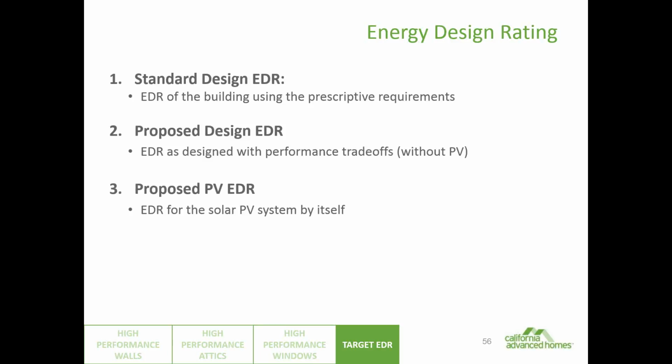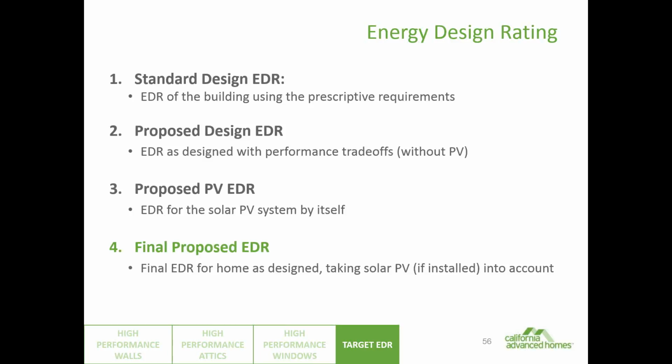So you'll get a PV EDR, and that's just an EDR for the PV system itself, and then you'll get a final proposed EDR. So this is the final EDR of the home as designed, and that takes PV into account. So that's like the entire home now into one number.